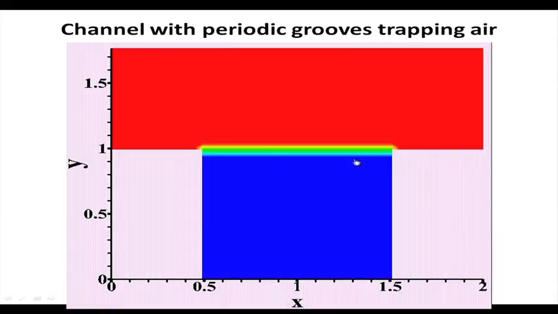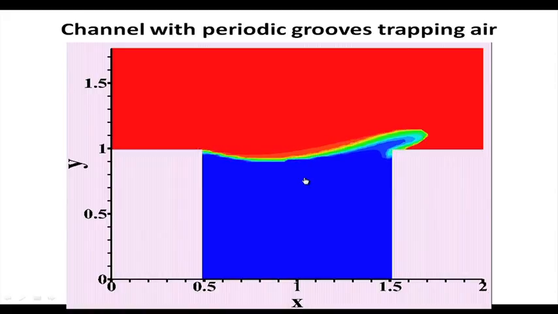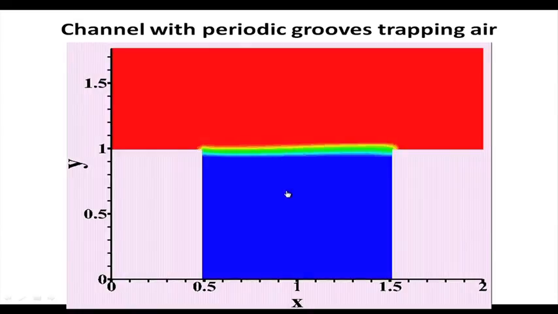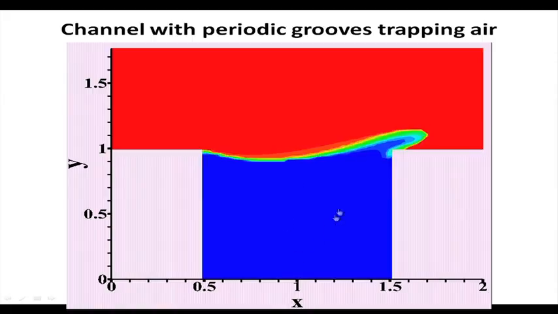Now, in this movie, we see how to make the intrinsic slip effect. In the channel we make the grooves in a periodic arrangement. If I play it once more, there is a channel, we have a periodic arrangement of the grooves, and each groove is enclosed by air.